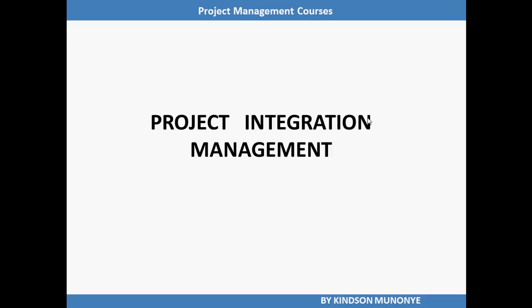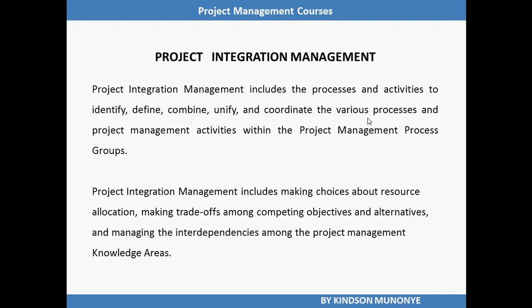So let's start off immediately with project integration management. Alright, what is project integration management? According to the PMBOK Guide 5, it includes processes that define, identify, combine, and coordinate various processes and project management activities within the project management process groups.